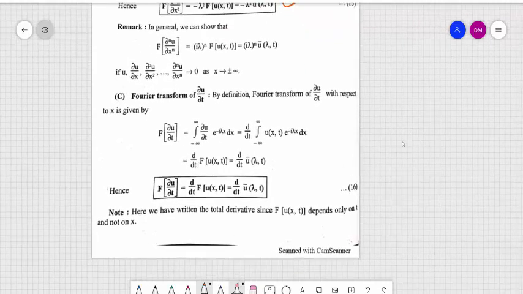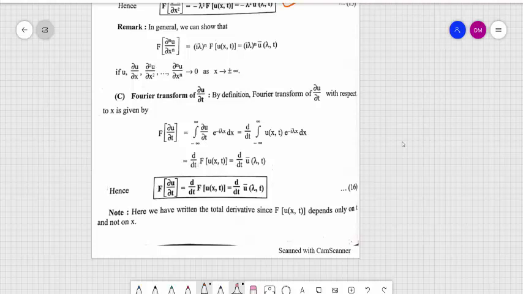Again you require to find the Fourier transform of ∂u/∂t. Since u is a function made up of x and t, we already observed how to find the Fourier transform of the partial derivative of u with respect to x for first order, second order and higher orders. Now we will focus on part C, the Fourier transform of ∂u/∂t.